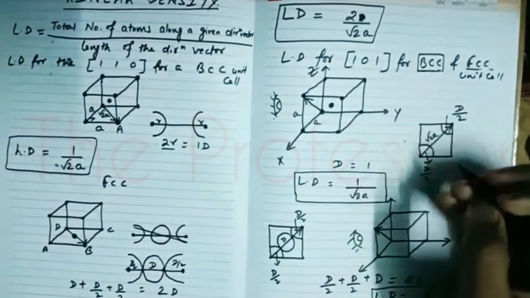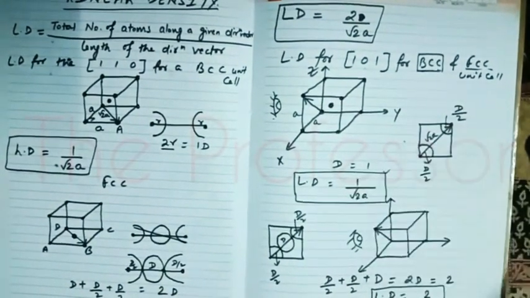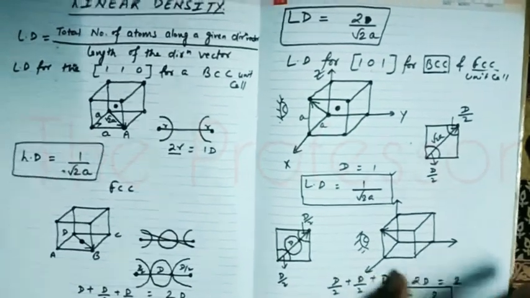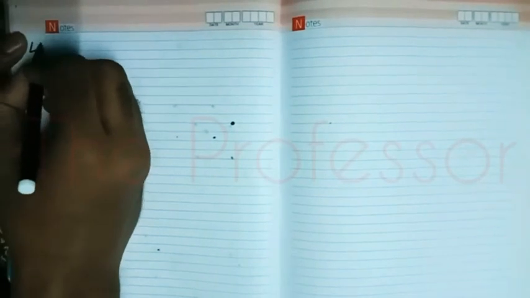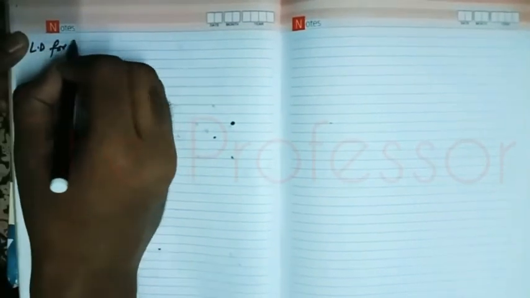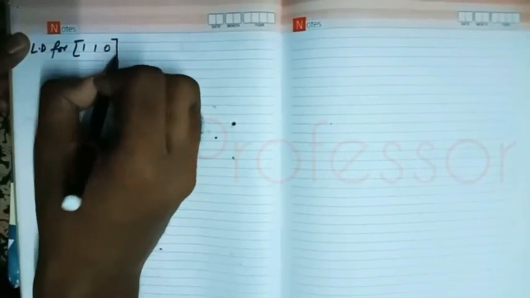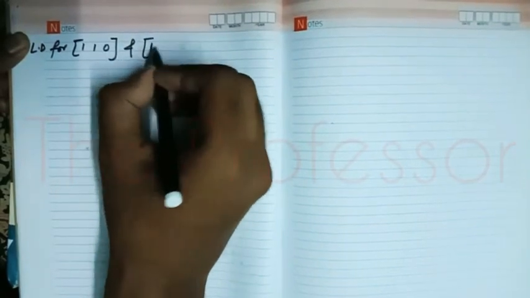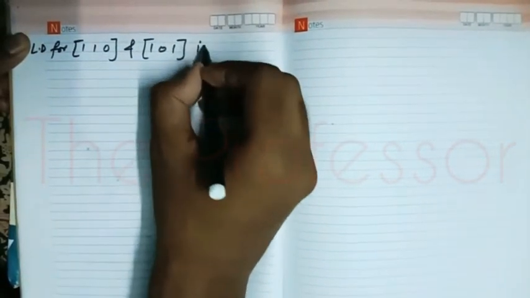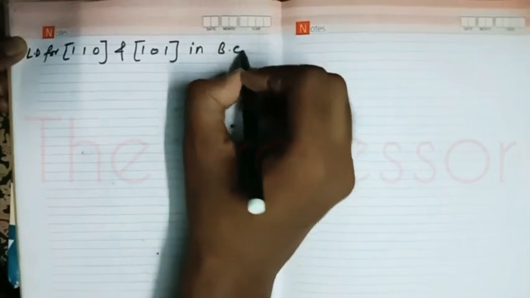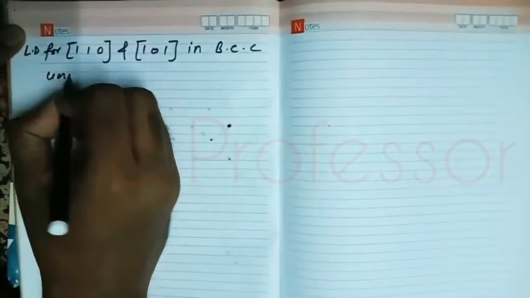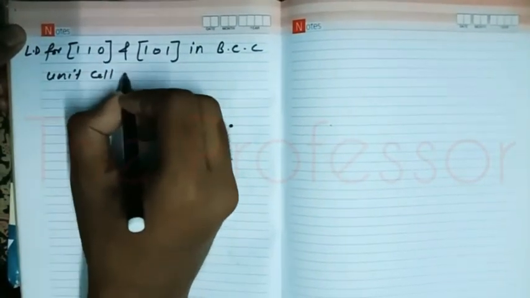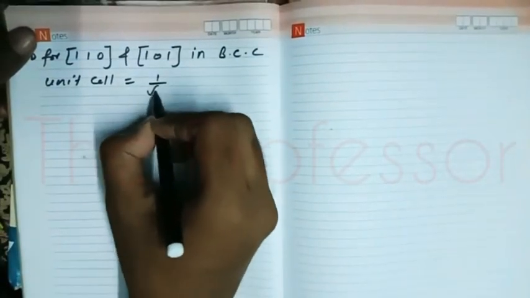But the linear density came out to be the same. That is, the linear density for 110 and 101 in a BCC unit cell came out to be equal to 1 by root 2a.